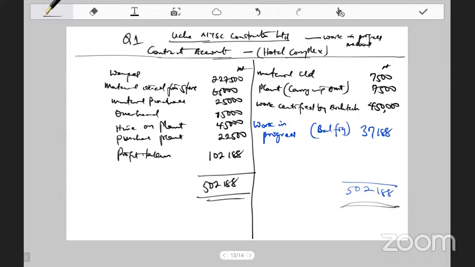That is the assignment on contract. Once you start giving me your own solutions, then I'll provide the solution for you. Any other question?